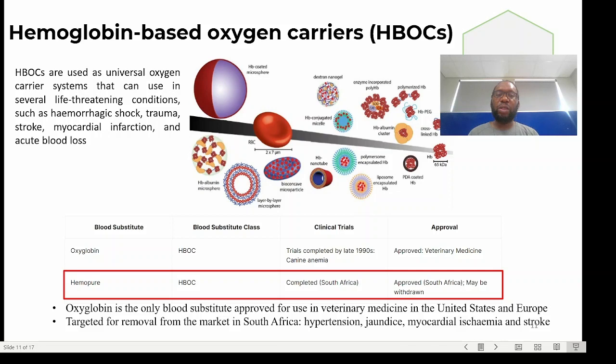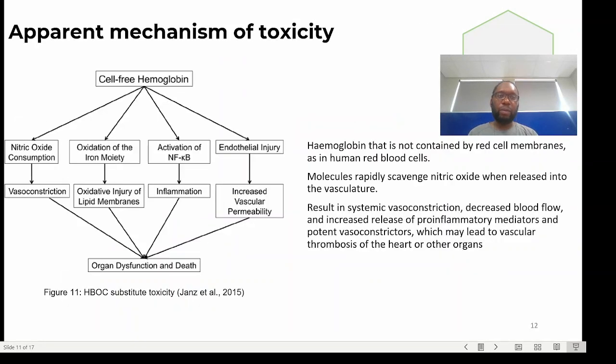Only Hemopure is being used in South Africa, but it has been targeted for removal because it causes jaundice, hypertension, and can also lead to cardiovascular problems. The only other product available, used in Europe and the United States, is limited to veterinary medicine.